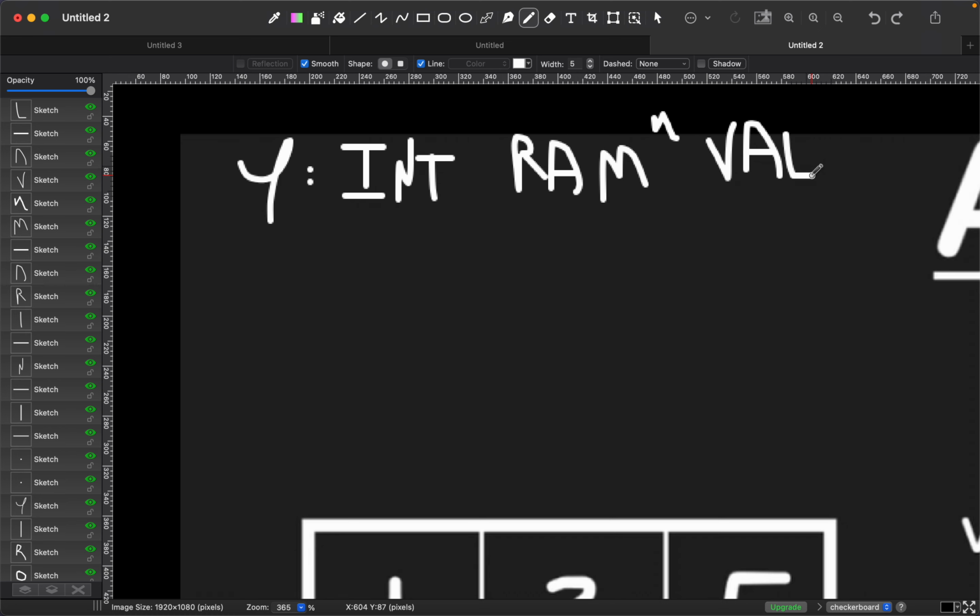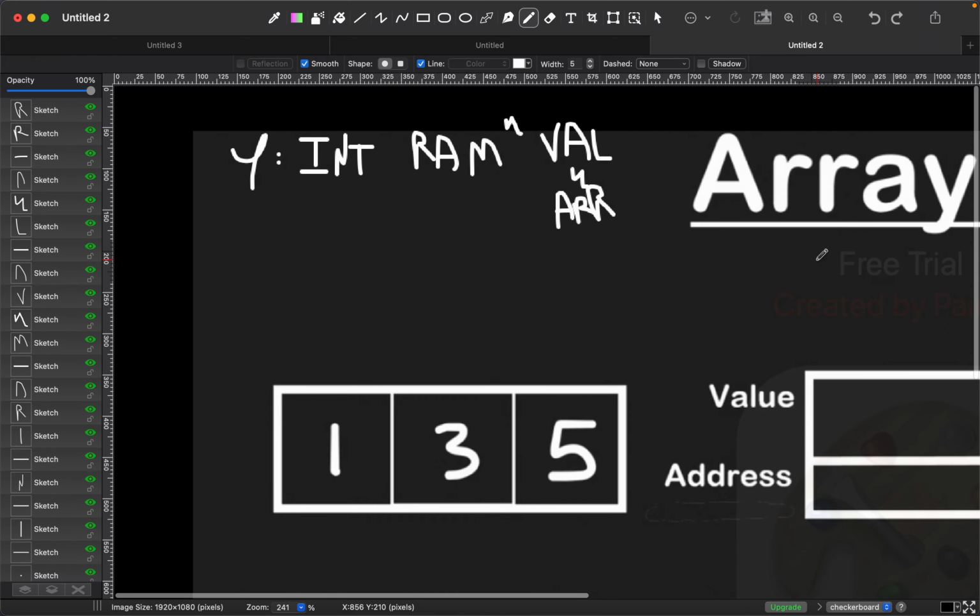Sometimes it will be this 135, and we can also talk about the arrays. Yeah, we are very much talking about the arrays and strings.